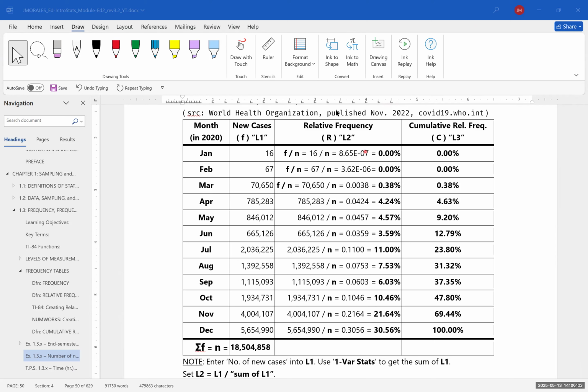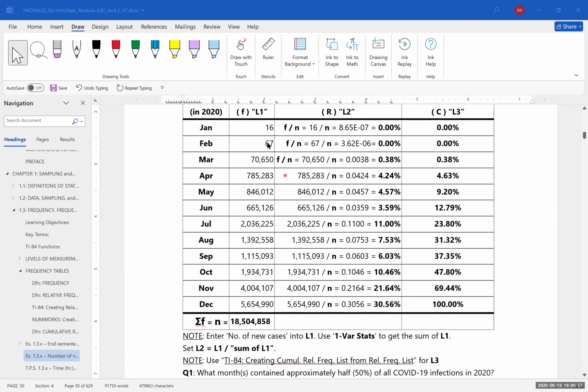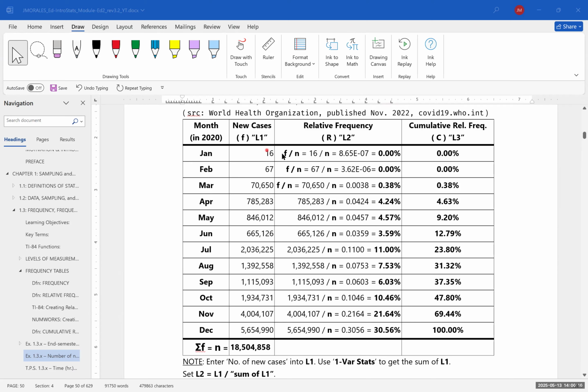Relative to everyone that got COVID, if you add up this entire column, you get 18,504,858. Compared to all of the COVID cases that we got by the end of 2020, that's a really small relative frequency, 8.65 times 10 to the minus 7, which when you convert it to a percentage just looks like 0%.